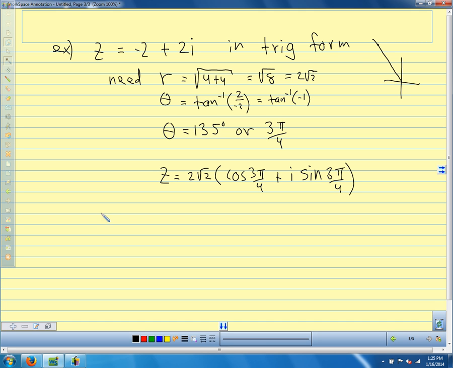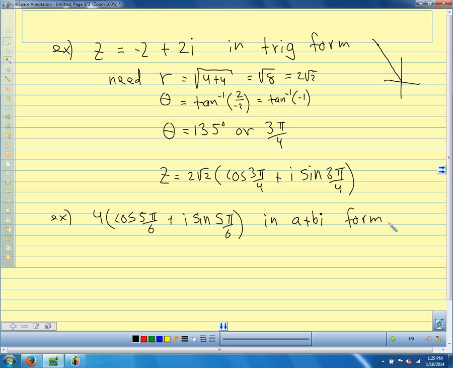So let's go the other way now. So we want to write 4 cosine 5 pi over 6 plus i sine 5 pi over 6 in a plus bi form.